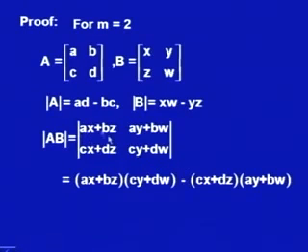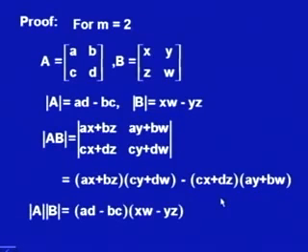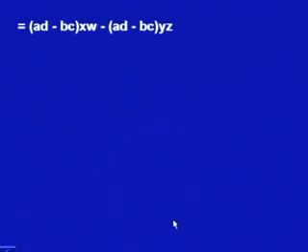Let us see what is the determinant of AB. If we expand, it will be AX plus BZ multiplied by CY plus DW minus AY plus BW into CX plus DZ. We want to show it equals AD minus BC multiplied by XW minus YZ. Now, we will try to match the two things.